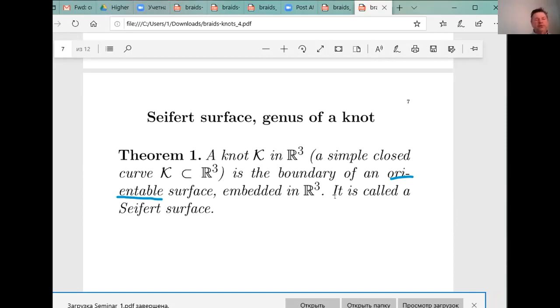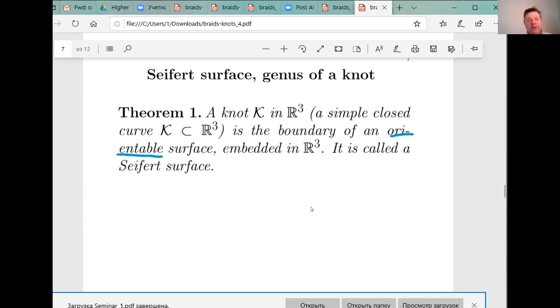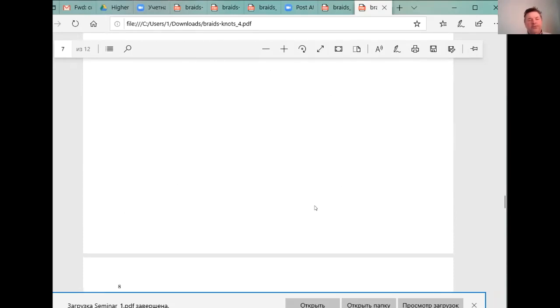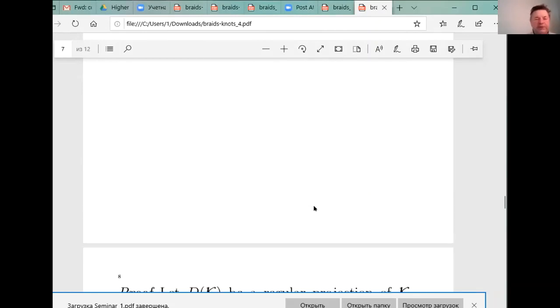The German topologist Seifert was the first one who constructed this surface for every knot. And actually, the proof that I'll start to do will be the detailed prescription how to make this construction of a Seifert surface.